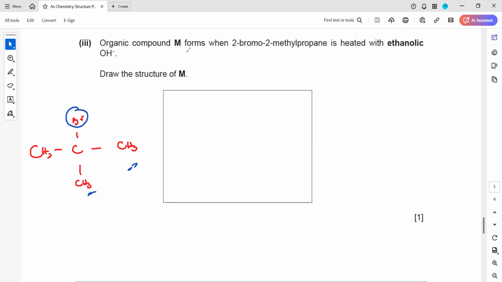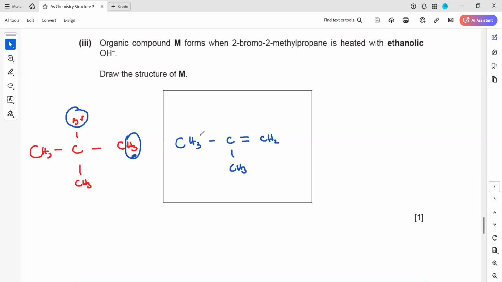Any one of them, the hydrogen will be lost. For example, if I remove one of the hydrogens from this one, there will be a double bond between these 2 carbons. So this is CH3, then we have C double bond CH2, and then we have CH3. This will be the structure.